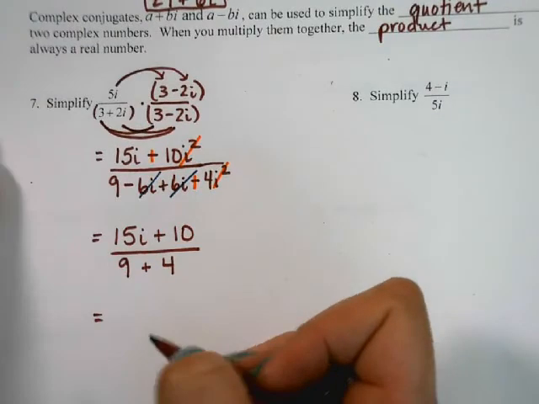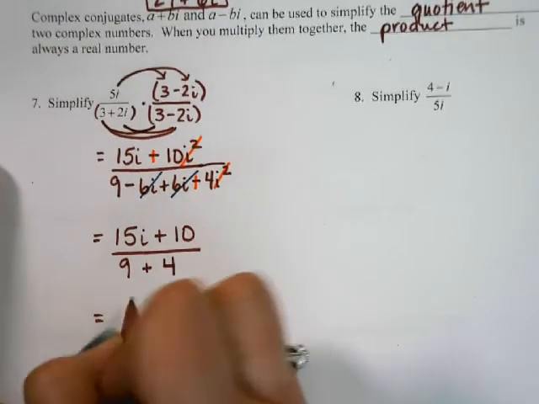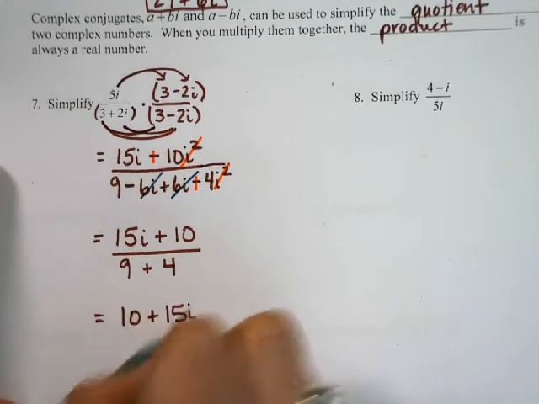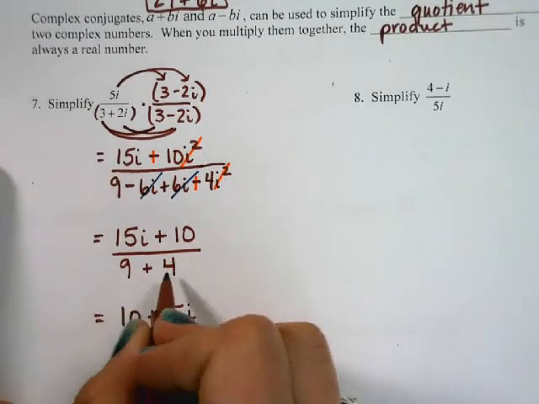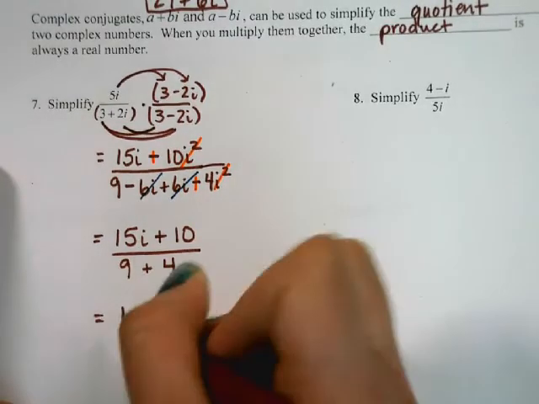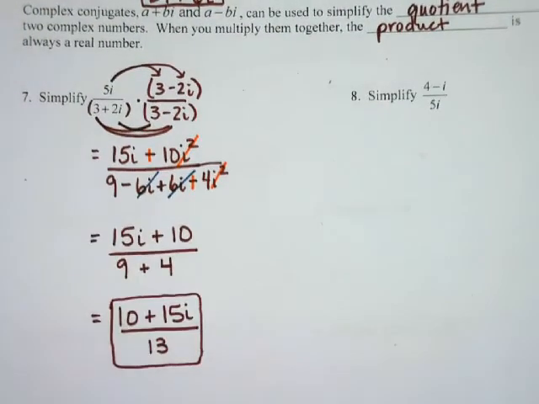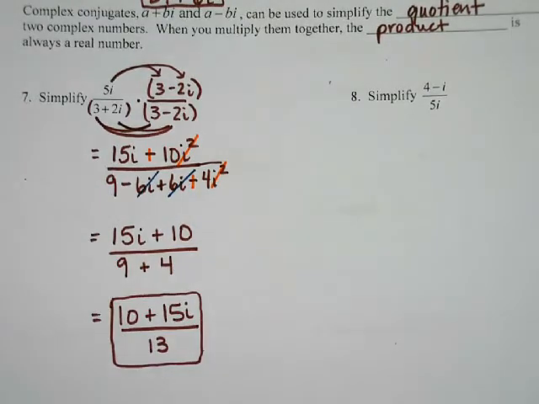And proper mathematical technique says I put the real part first. It doesn't matter. If you leave that 15i first, I don't care. 9 plus 4 is 13. Okay, questions?